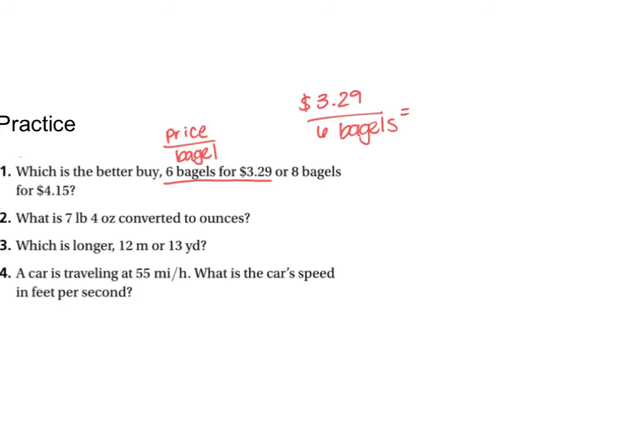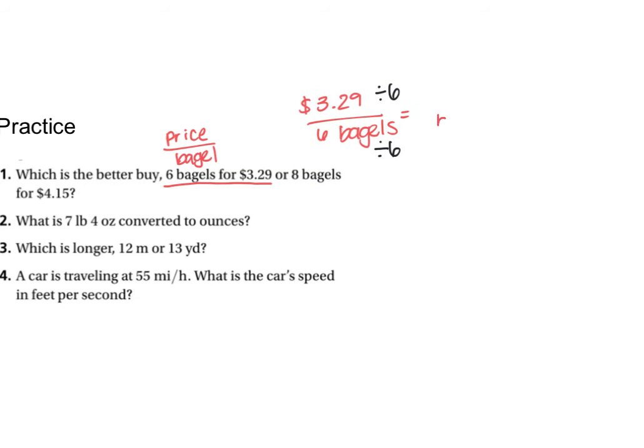This will then become, once we divide both the top and the bottom by 6, our unit rate, which will be per bagel. 1 bagel on the bottom, and 3.29 divided by 6. That will give us approximately 55 cents per bagel. And that's approximate because we rounded.